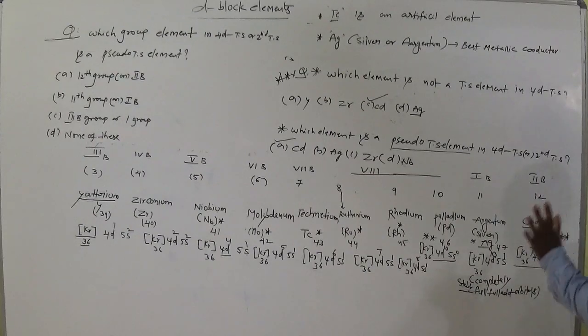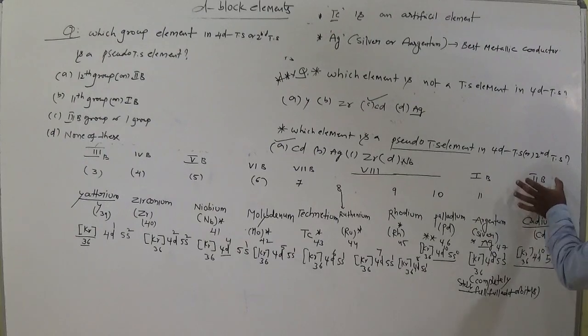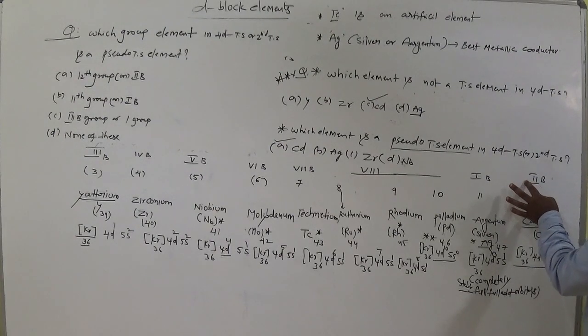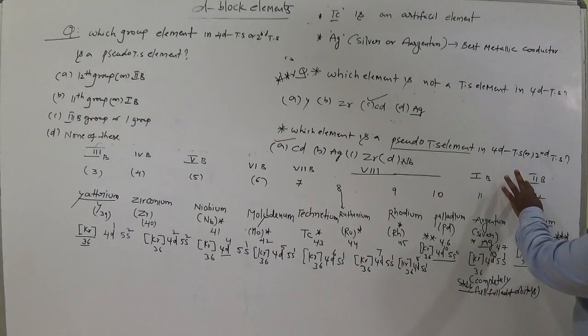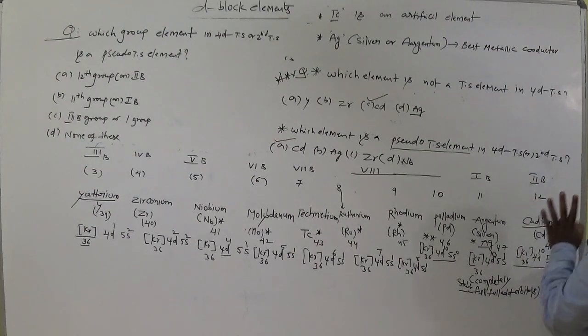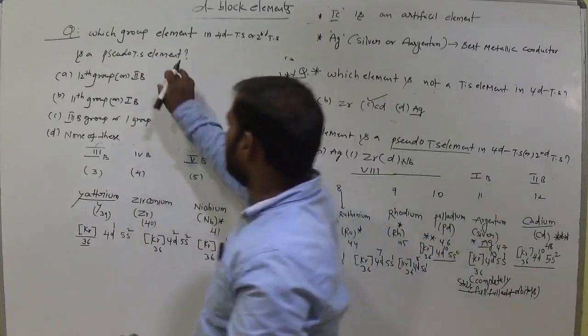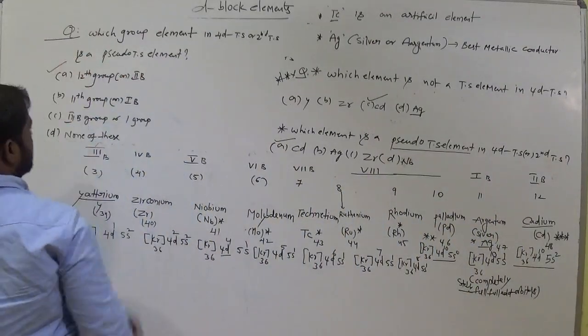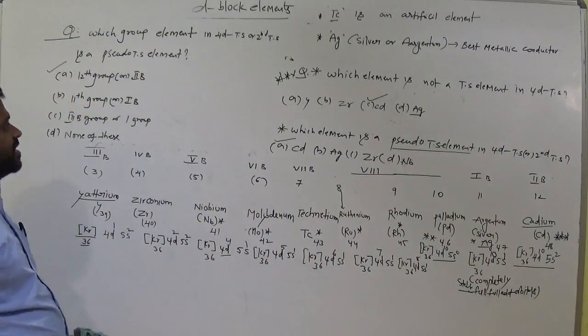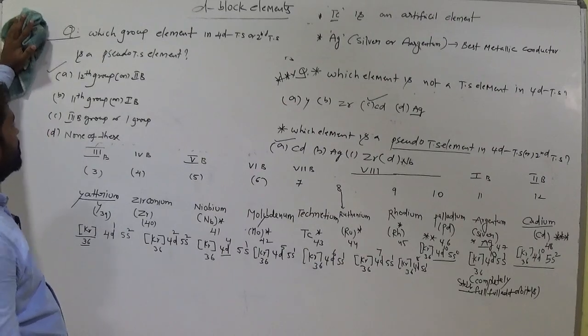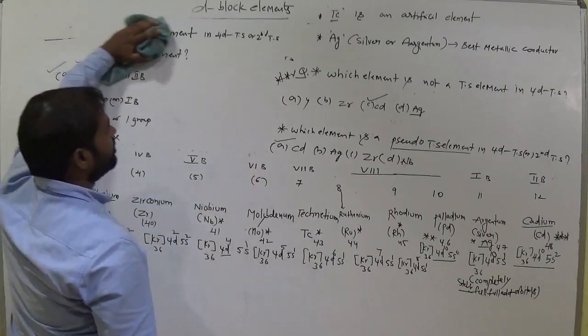It is not a transition element. Cadmium belongs to second B group and 12th group. Second B or 12th group. This is the answer, am I right? Clear?